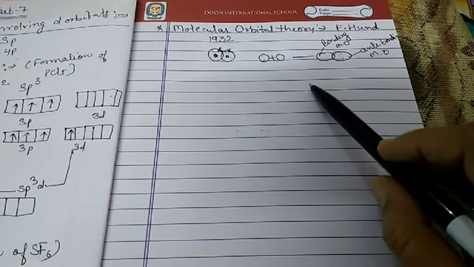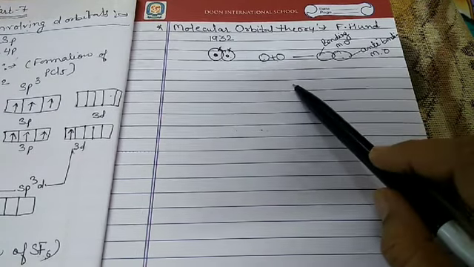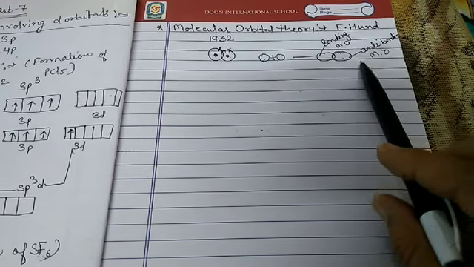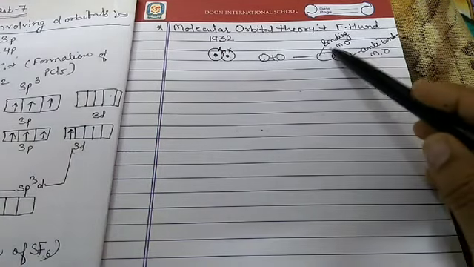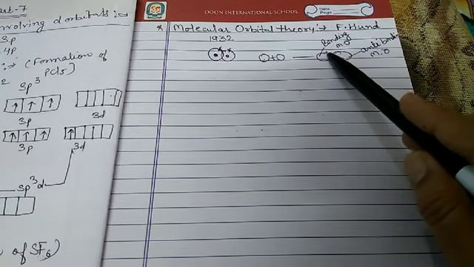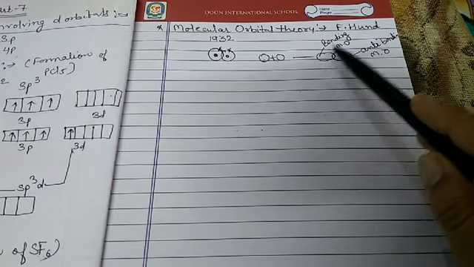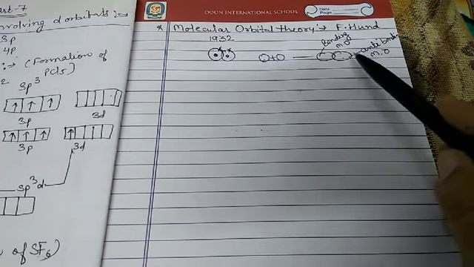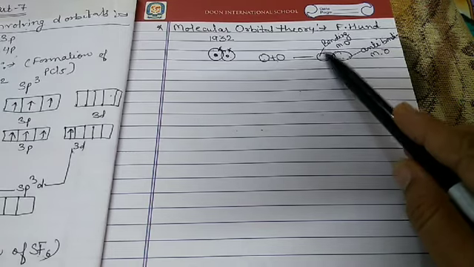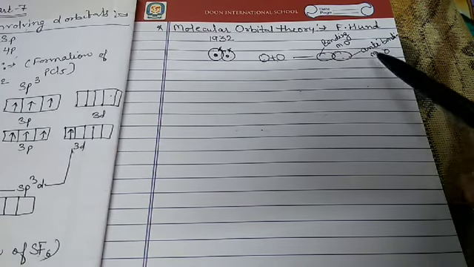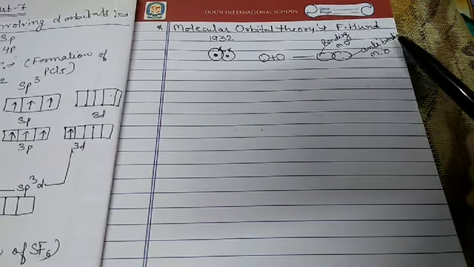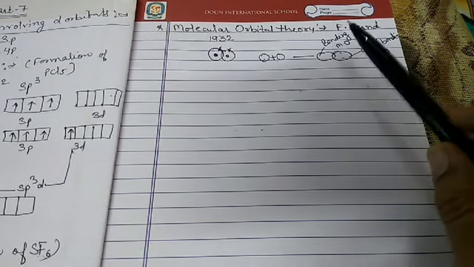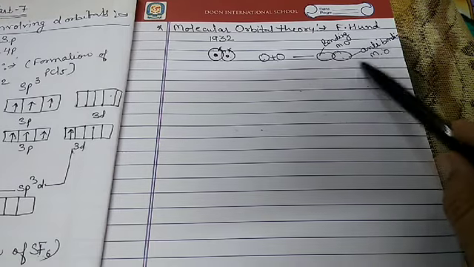Now the next one is the bonding molecular orbital. The bonding molecular orbital has lower energy and hence greater stability in comparison to the anti-bonding molecular orbital.